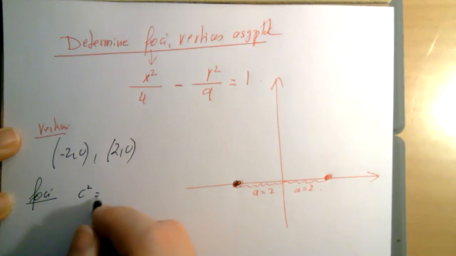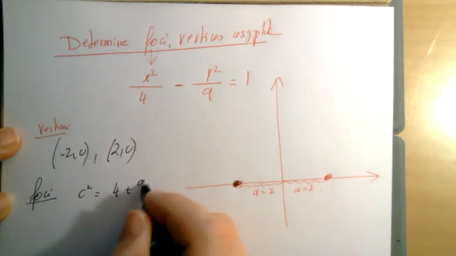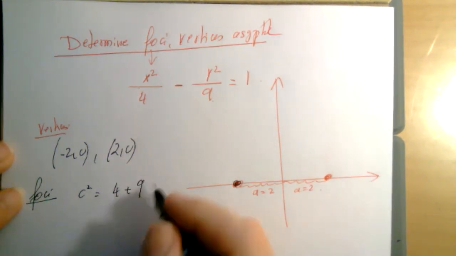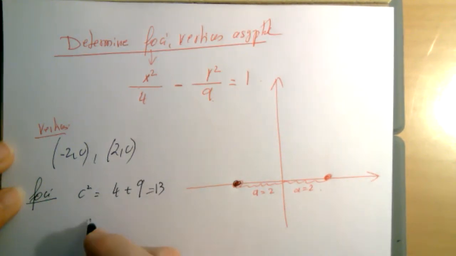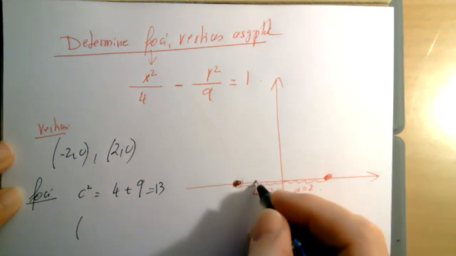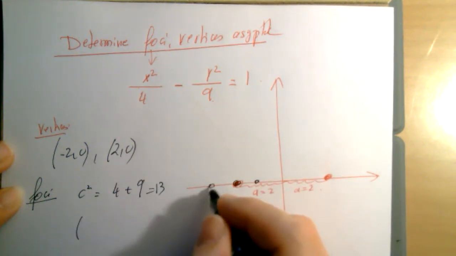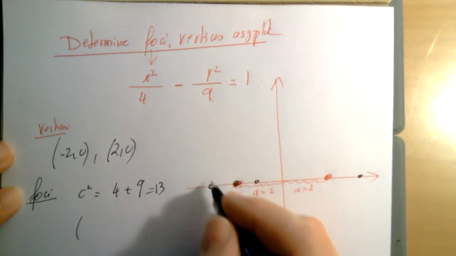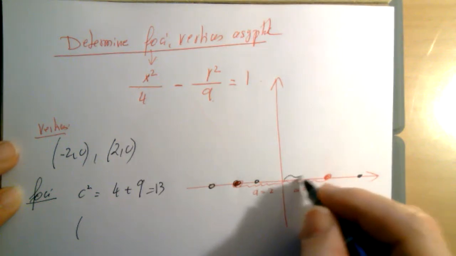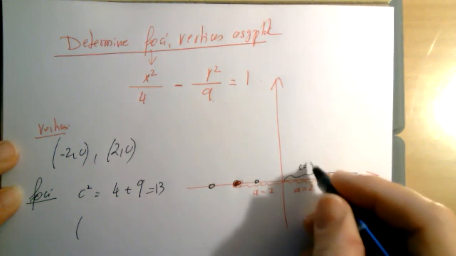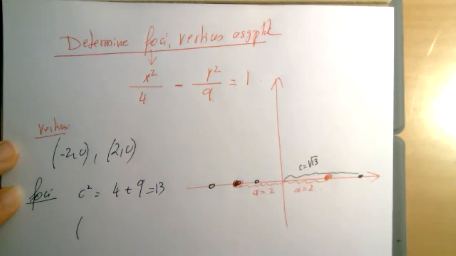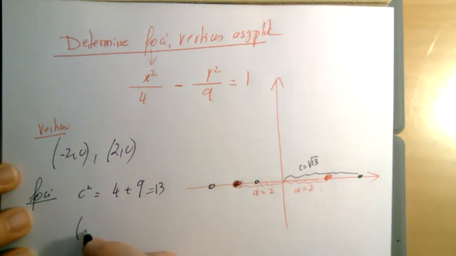Now the c squared for the hyperbola is just the sum. So that's equal to 13. So the foci are right there. This is the c from the center. That's the square root of 13. That's my c. So the foci are going to be plus or minus the square root of 13 and 0.